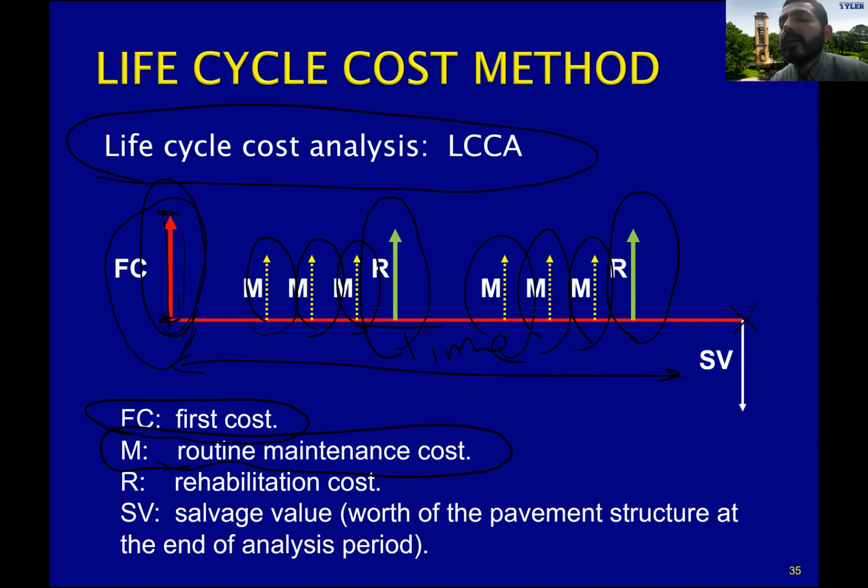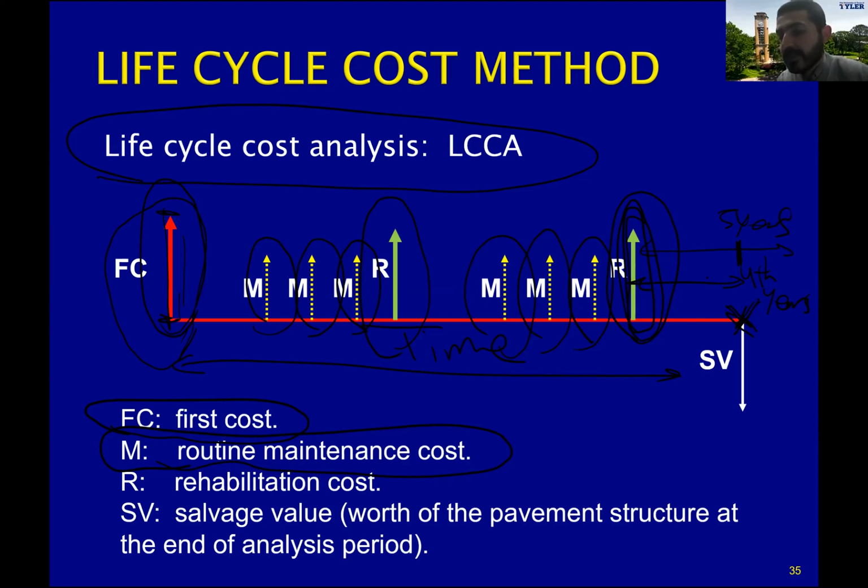Until you find the time where there is a certain fiscal year where you have enough budget to do a major reconstruction. But when you do that, sometimes the last rehabilitation was supposed to last for 5 years, but strategically you only waited until 4 years, because at the fourth year you have the money, you have what it takes to do a major reconstruction.